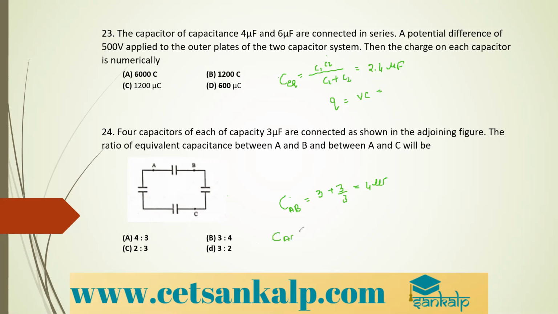Between A and C, C is equal to 3 by 2 plus 3 by 2, which is equal to 3 microfarad. Therefore, the ratio of CAB to CAC is equal to 4:3. That is option A, the correct option. Okay. Next question.